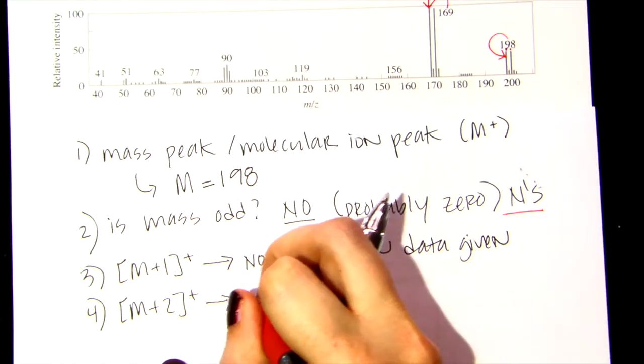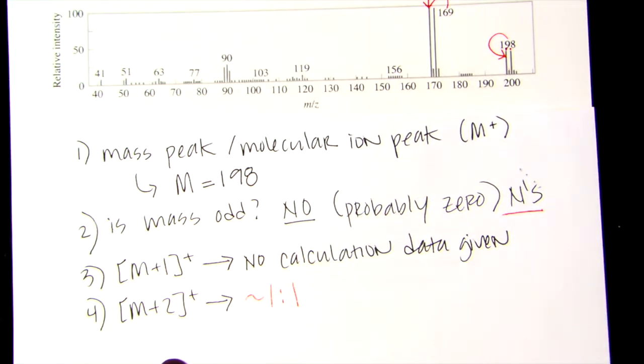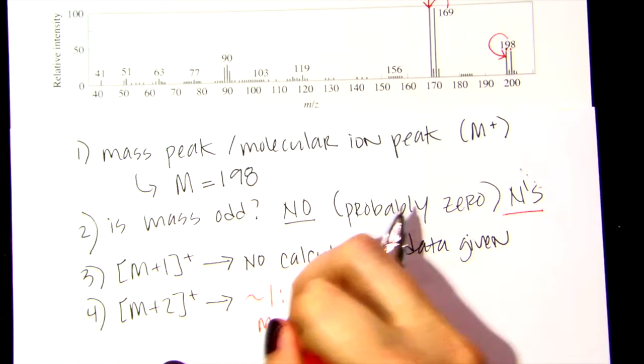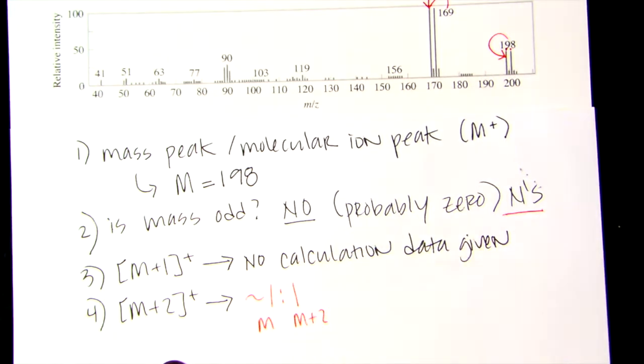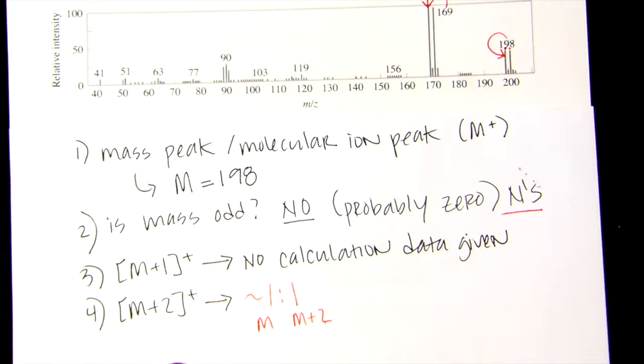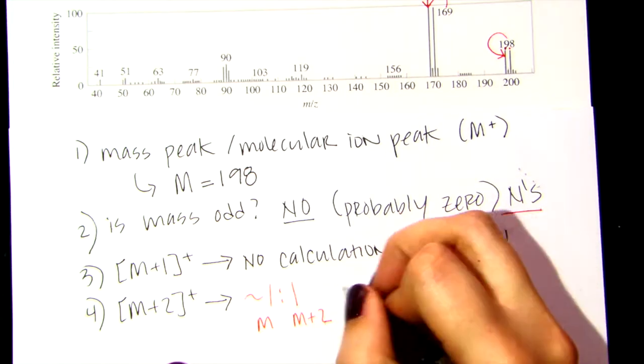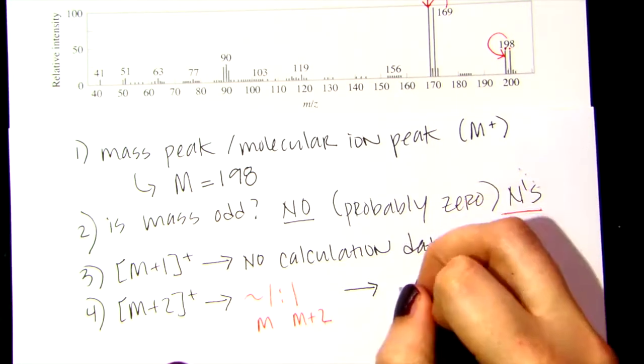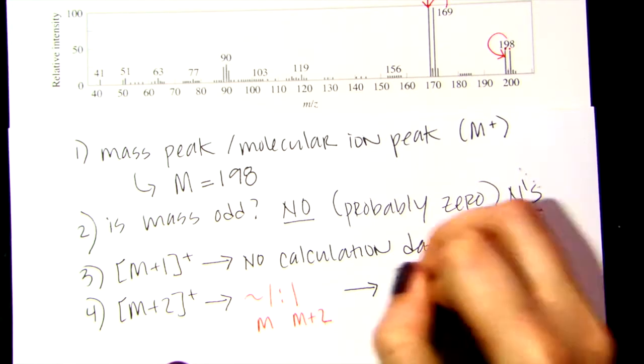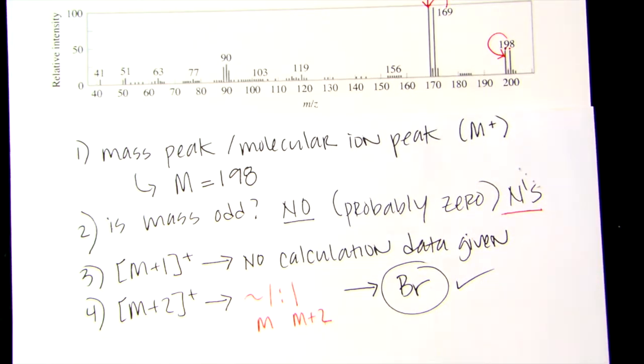So we have a roughly 1-to-1 ratio of M to M plus 2. So what does that tell you? What isotope do we have? Bromine, right? That's like a signature bromine. So you don't even have to calculate anything. It's just like, look, we have bromine. Okay, so we found something. We know we have a bromine in our molecule.